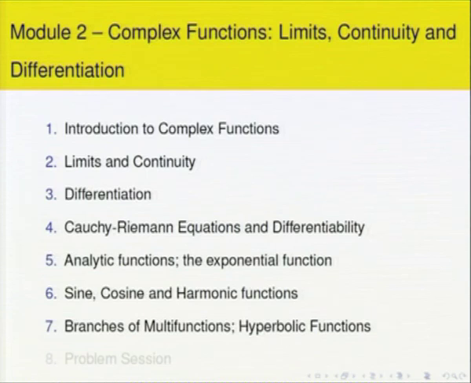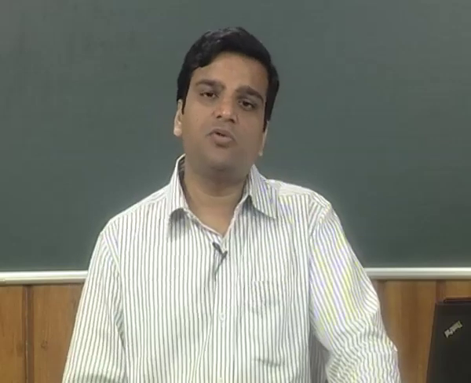Okay. In module 2 lecture 7, we introduce what we call multifunctions. We will see that argument is a multifunction on the complex plane minus the origin, and we will introduce the logarithm multifunction, and we will see how to construct analytic branches of these multifunctions.